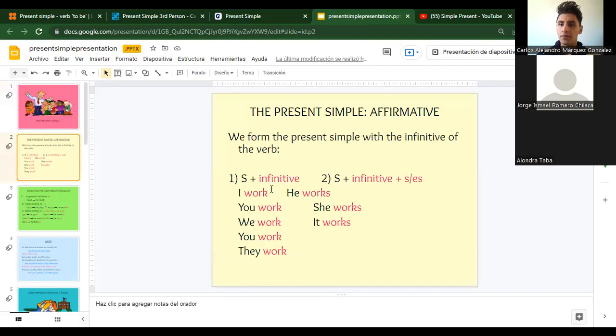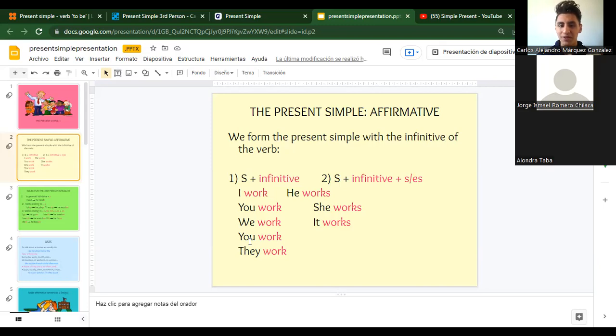When we write sentences in present simple, we follow a structure. First, we have to place the subject pronouns. We always talk about subject pronouns.